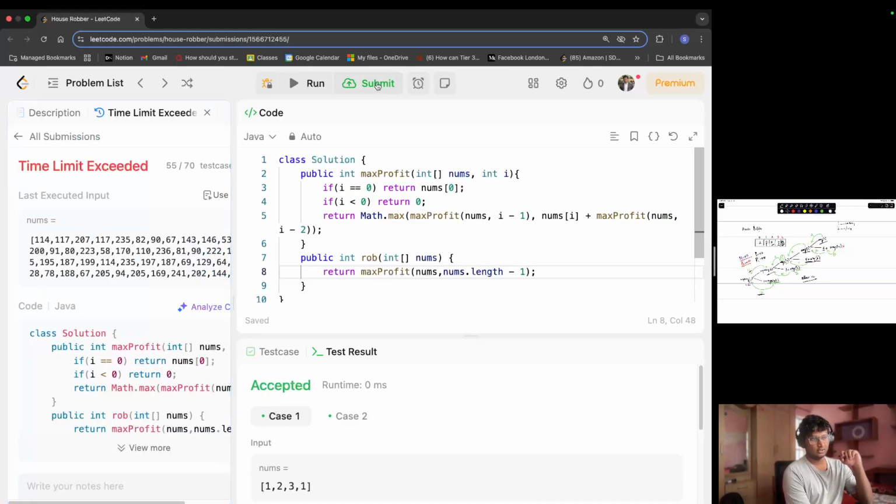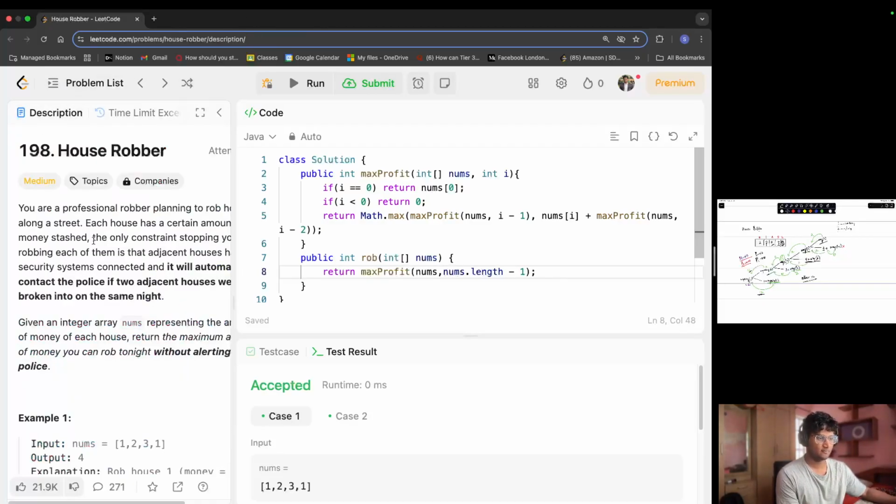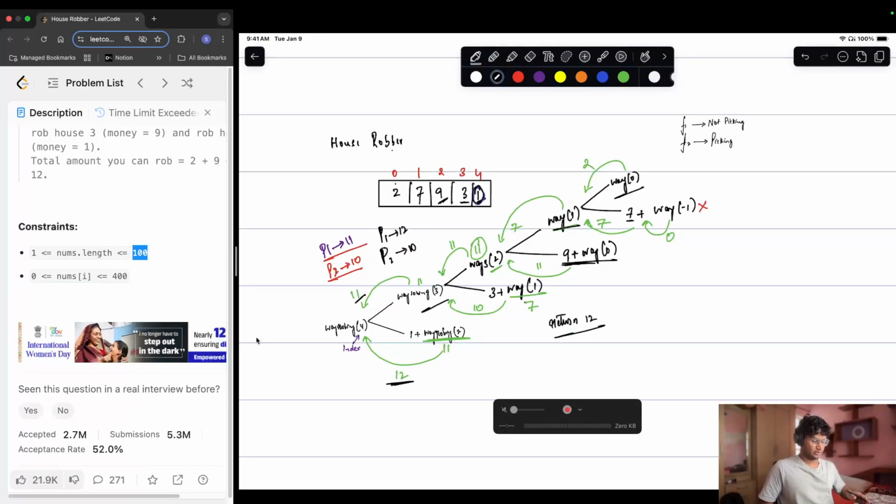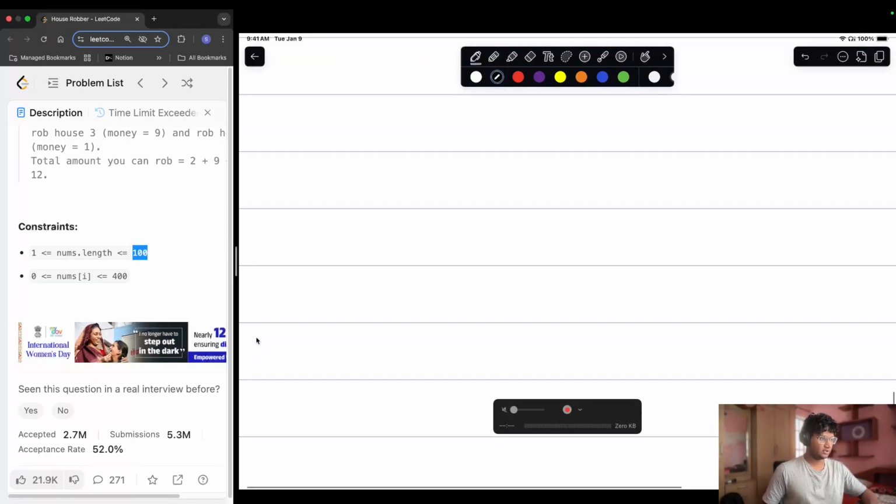See, I've not solved this before, but the reason I told you I'm going to get a TLE is because of the constraints. Look at the constraints. It's 100, right? The length of nums can go up to 100. In the worst case, let's look at what the time complexity will be.